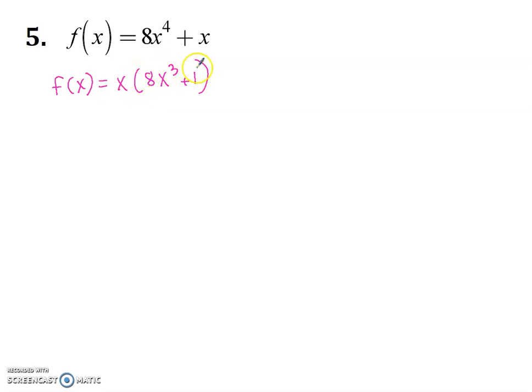But 8 and 1 are both perfect cubes. So what we have here is a sum of cubes. When it's cubes, you can do sum and difference of cubes.